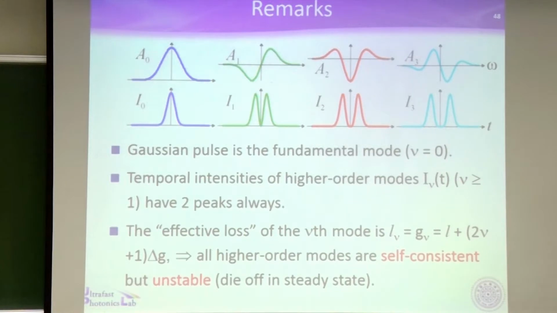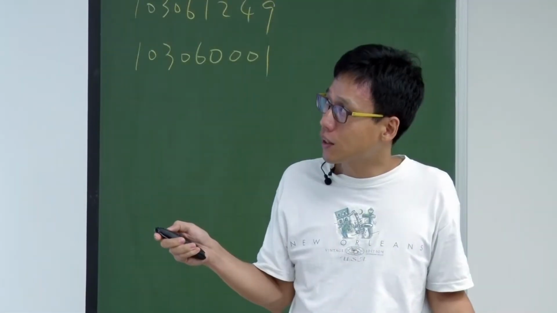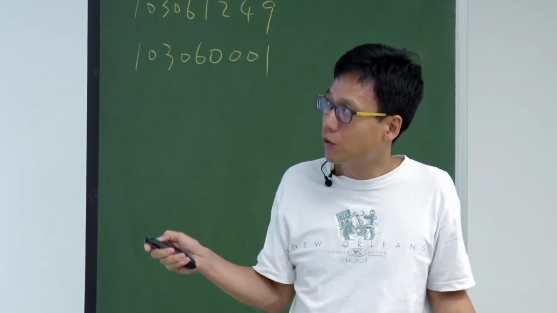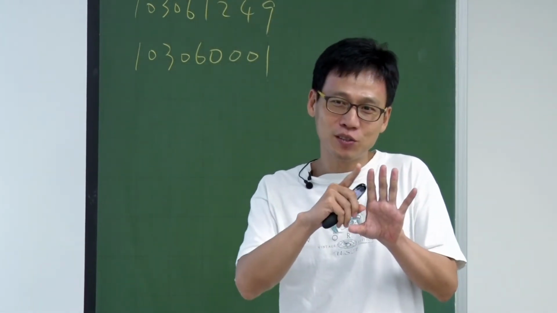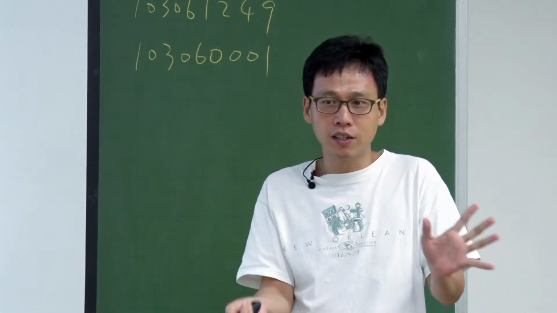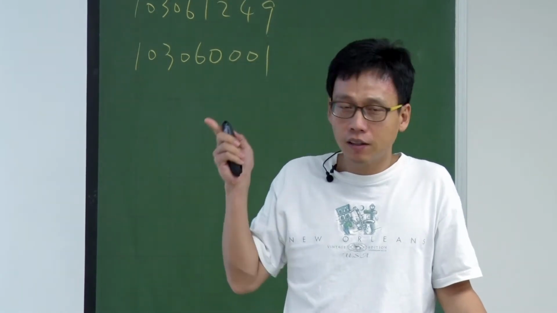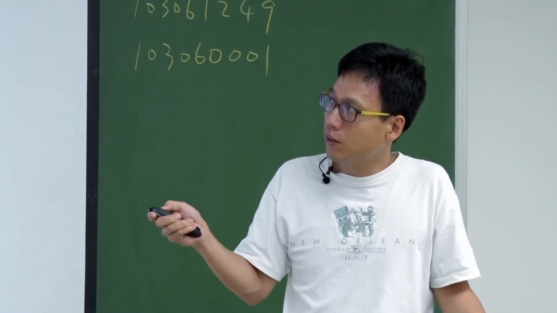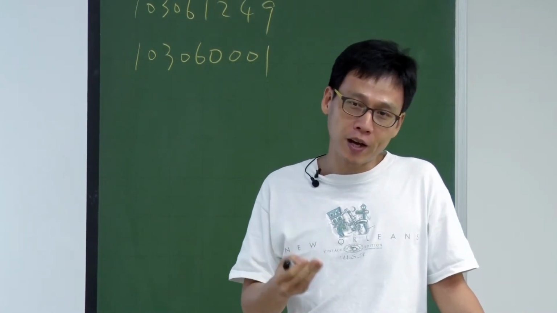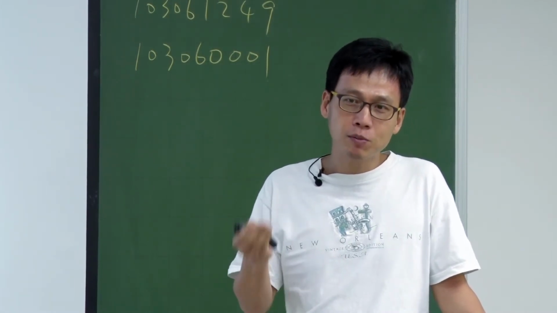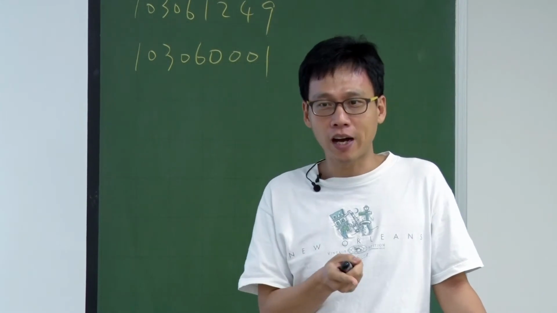stable. It means whenever there is a noise perturbing your field, it's no longer exactly the first higher order mode. Then you need projection, right, to the first order, zeroth order, and even higher order. Then when that happens, the zeroth order component corresponds to smaller effective loss. So after many round trips, it will survive.